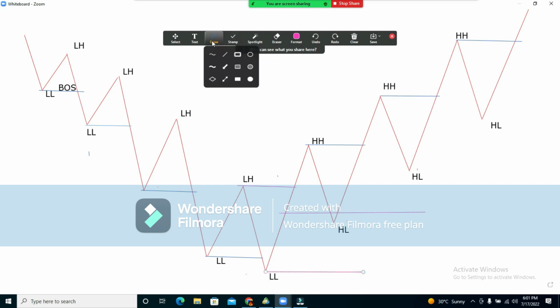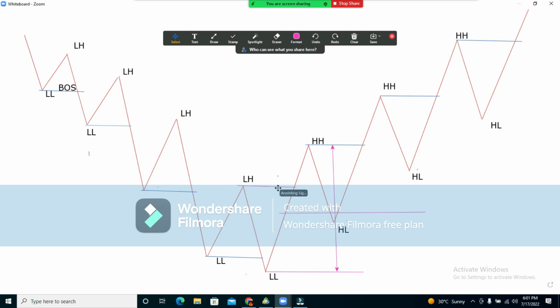So your range is just from here to here. Then you just use your Fibonacci to get the 50%, the half of it. You understand? The half of it.